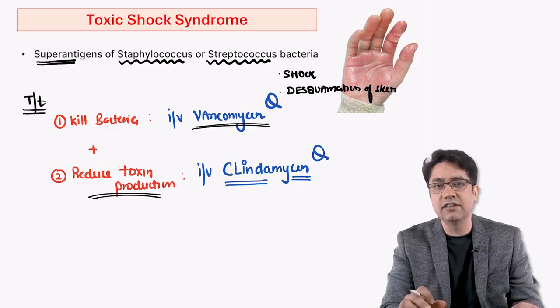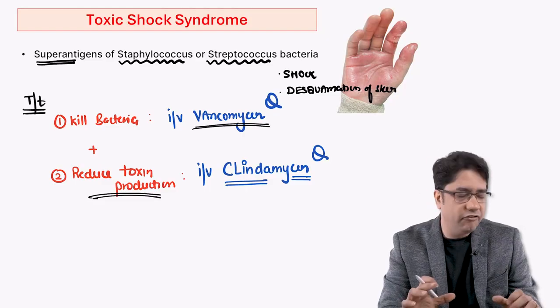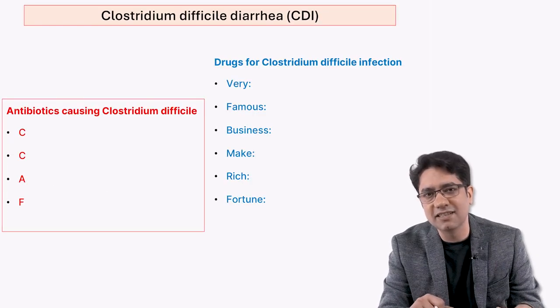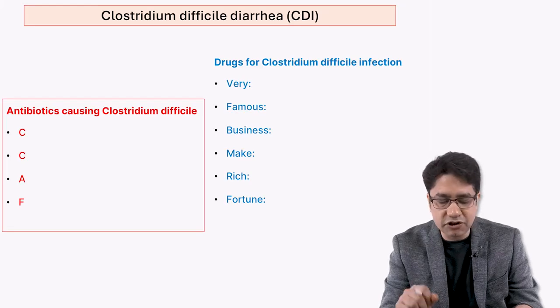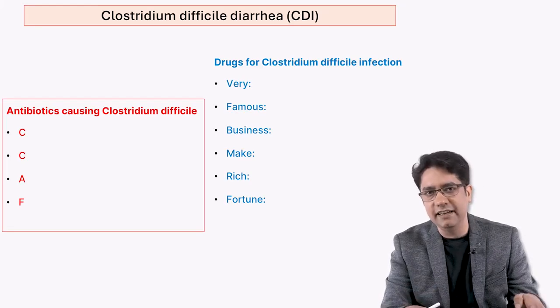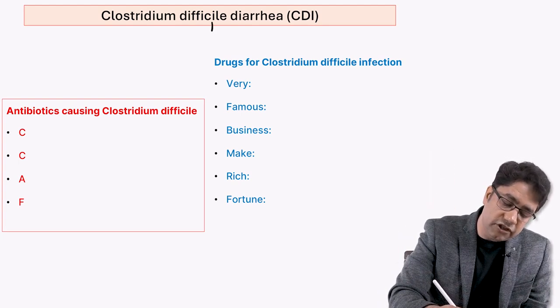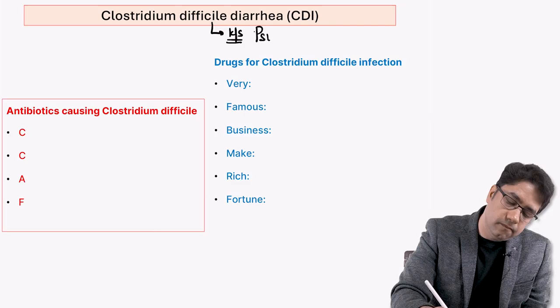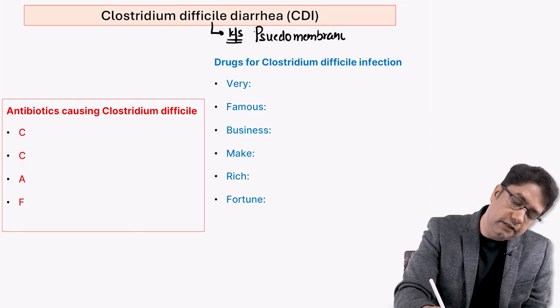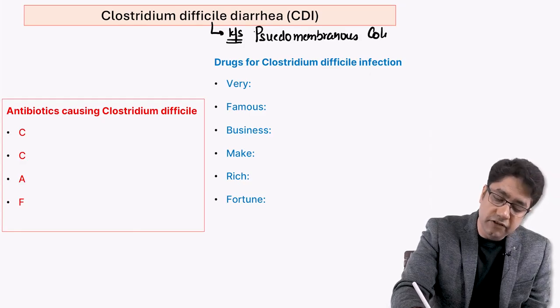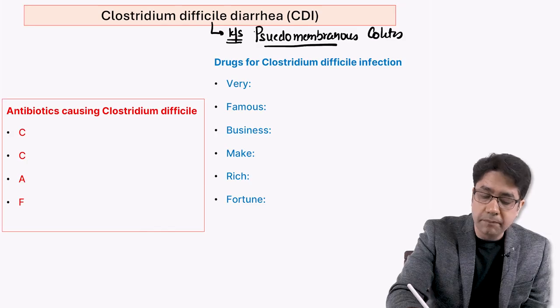Now the next infection is even more important, very commonly seen in our hospital settings, that is Clostridium difficile diarrhea. Now what is Clostridium difficile diarrhea? This infection is also known as pseudomembranous colitis. So Clostridium difficile causes pseudomembranous colitis.